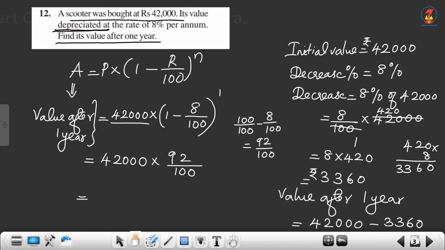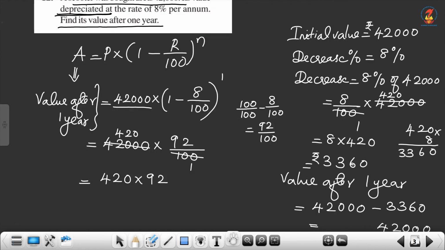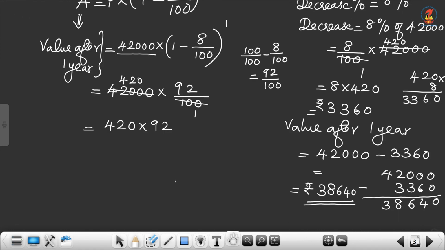Now we can cancel with 100 one time, so 420. So 420 into 92 we have to find out. So 92 into 42 we can find out.